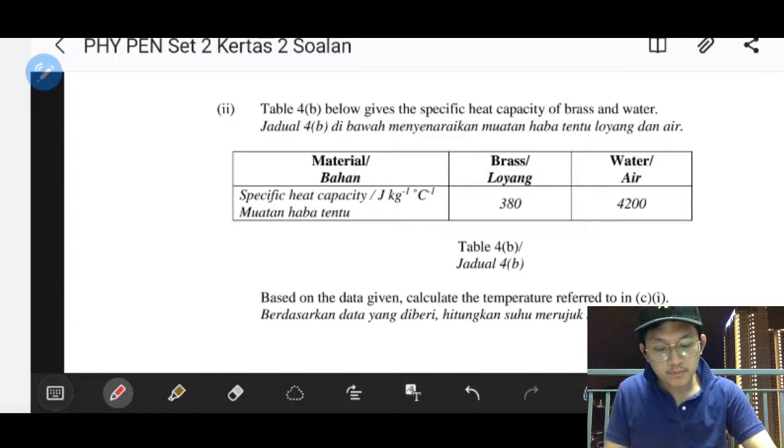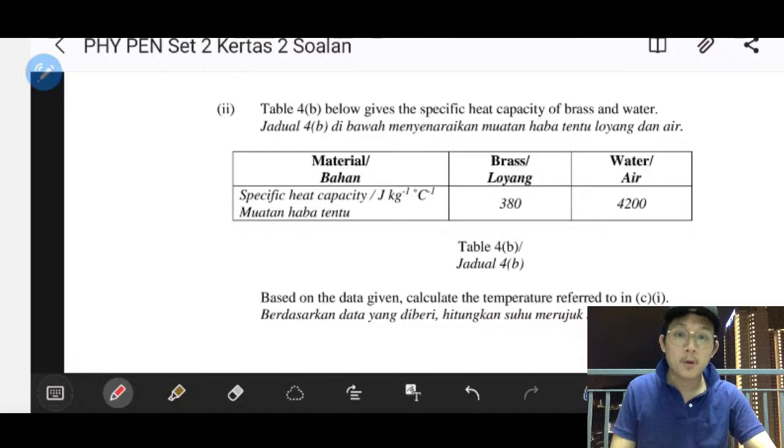suhu naik. Air sana suhu turun. Okay? That means sini haba yang dia contain naik. Sini haba yang dia contain turun. Okay?